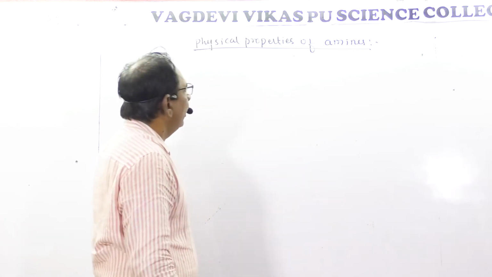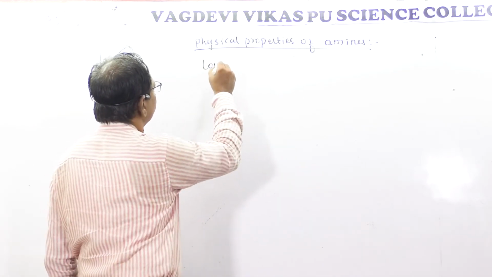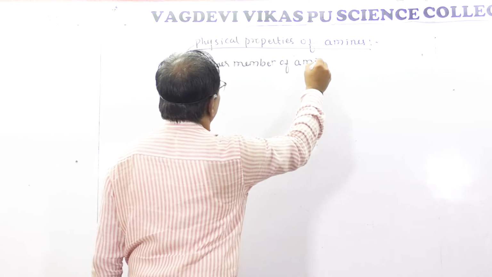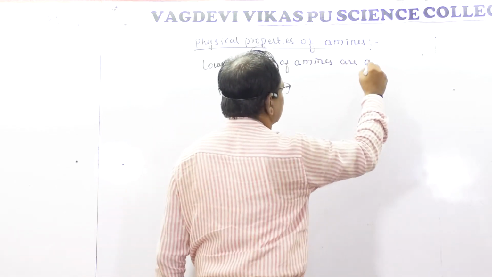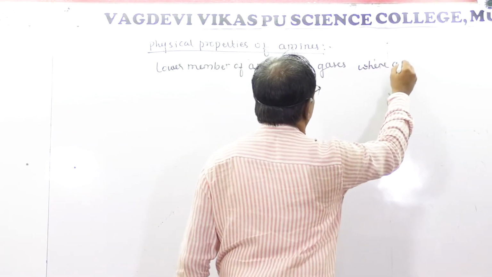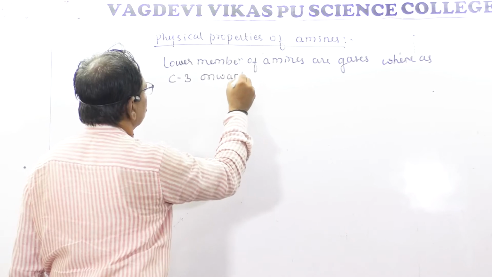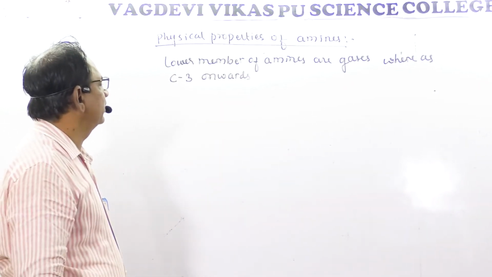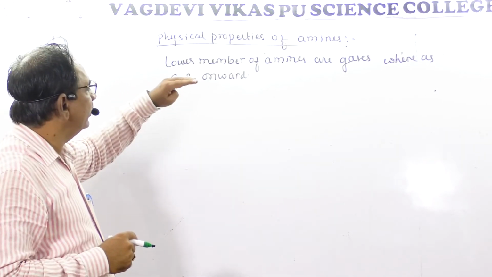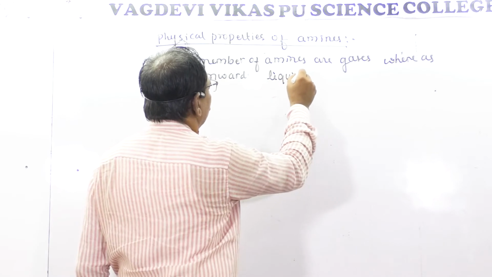So amines, aliphatic primary amines, lower members of amines are gases, whereas carbon 3 onwards, higher amines, carbon 3 onwards means amines which contain 3 or more carbon atoms, are liquids.